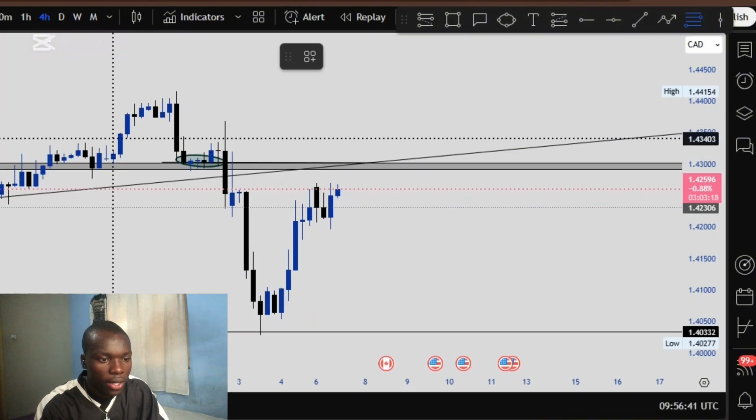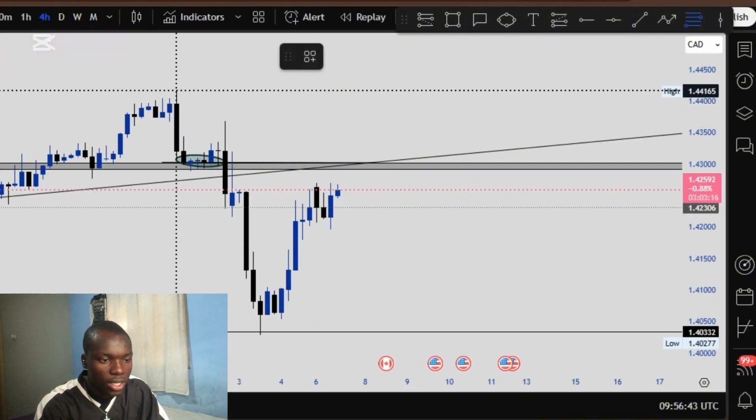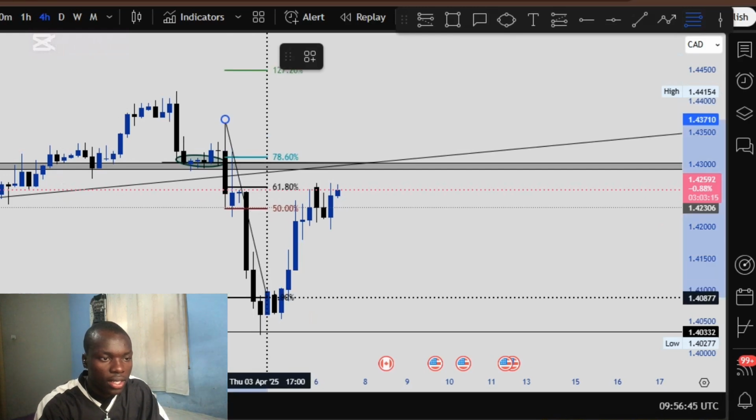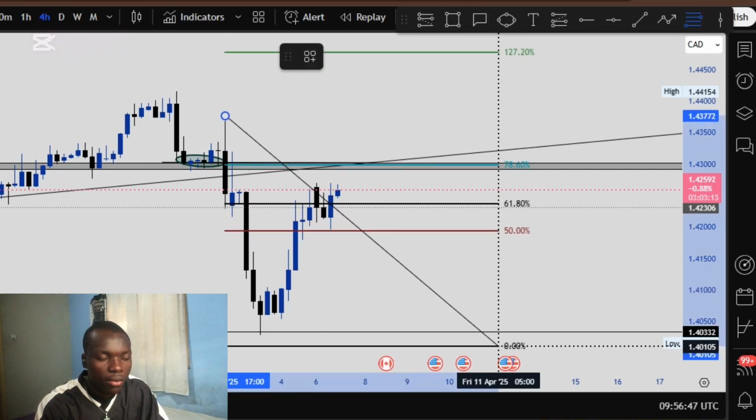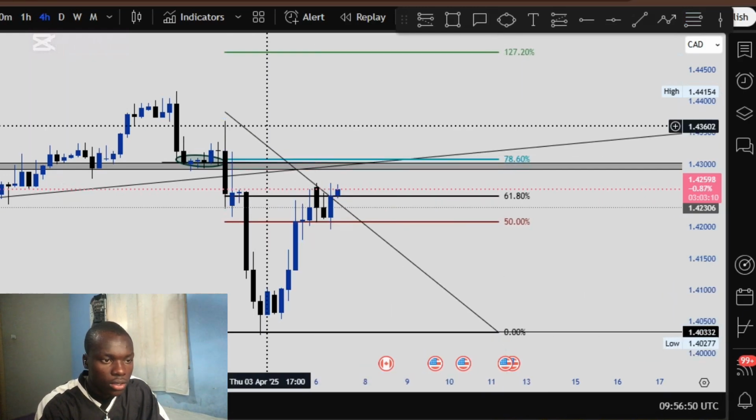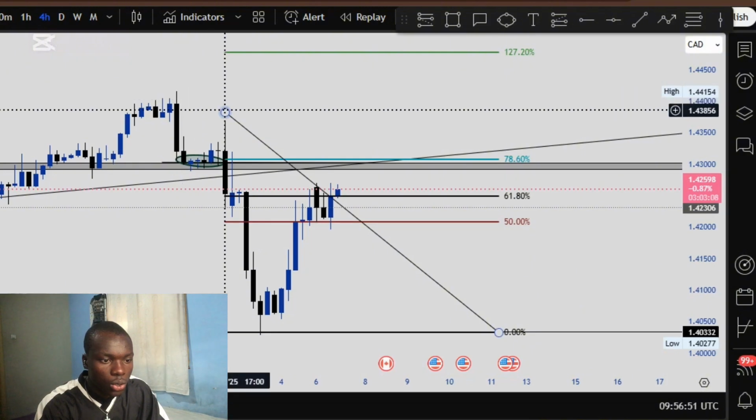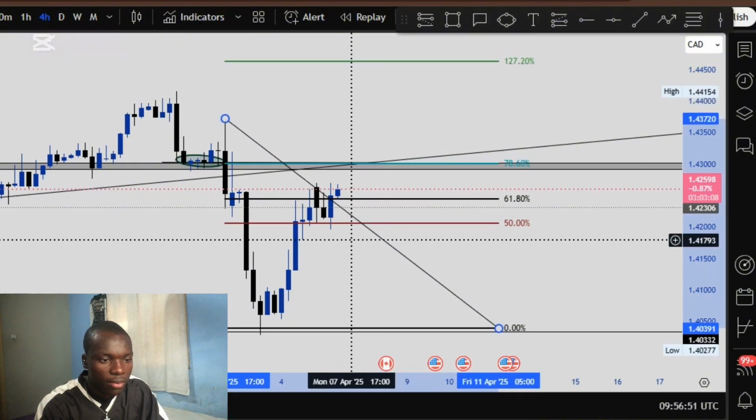So okay, we have respected this zone. As you can see, this first cycle level, we have respected this zone.